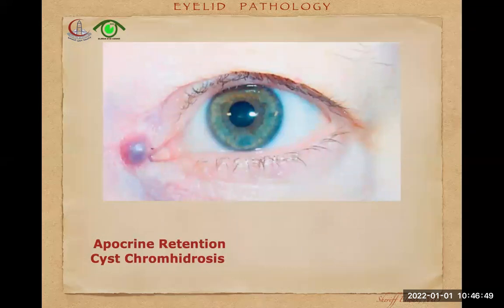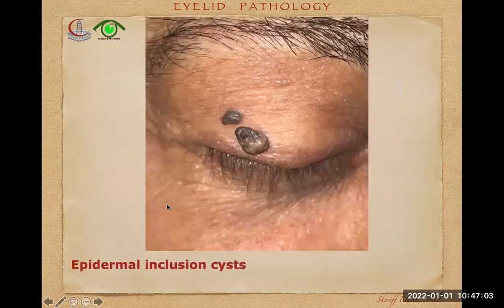An apocrine retention cyst is a chromhidrosis retention cyst that is colored. And this coloration is of obscure etiology. Epidermal inclusion cysts, where the epidermis has keratinization inside, are called the epidermal inclusion cysts.